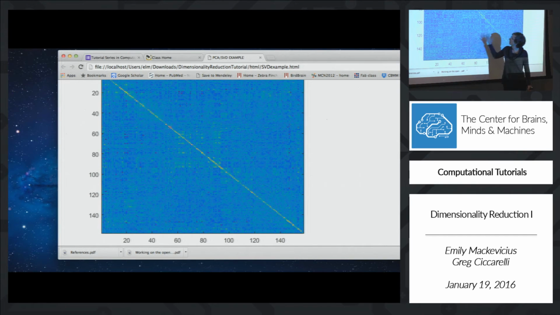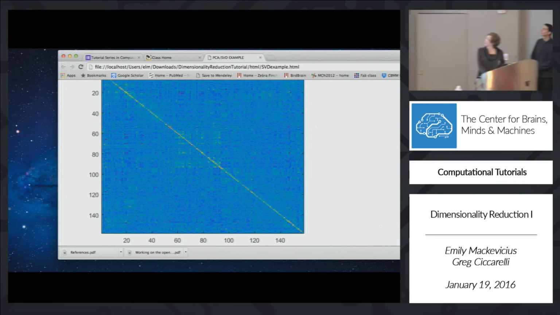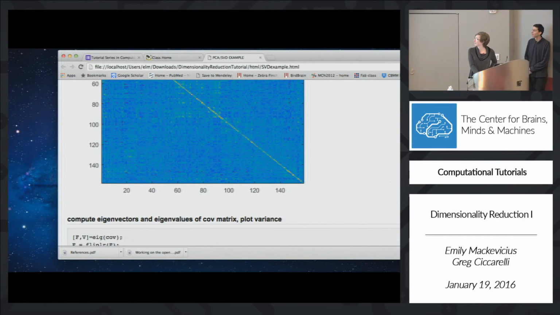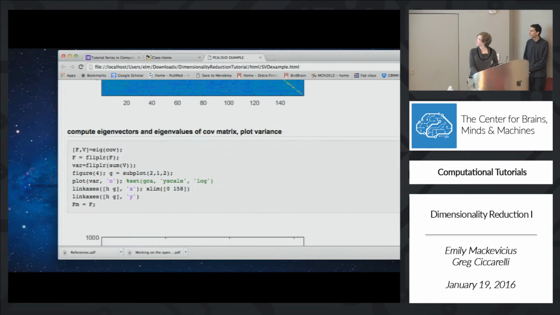This might not be super interpretable just looking at it like this, but you could see it's higher here, which means that these trials might be similar to these trials up here. It's similar patterns of activity for those two trials. OK. So we can do exactly the same thing as we did before and compute the eigenvectors of this matrix, doing it this way, and see what it looks like.